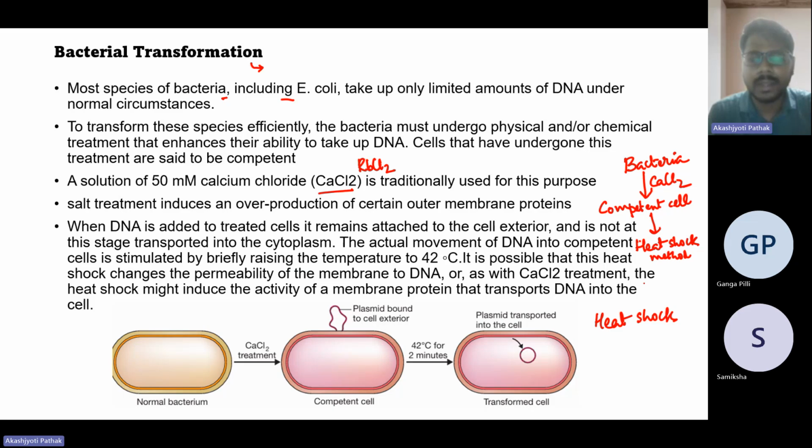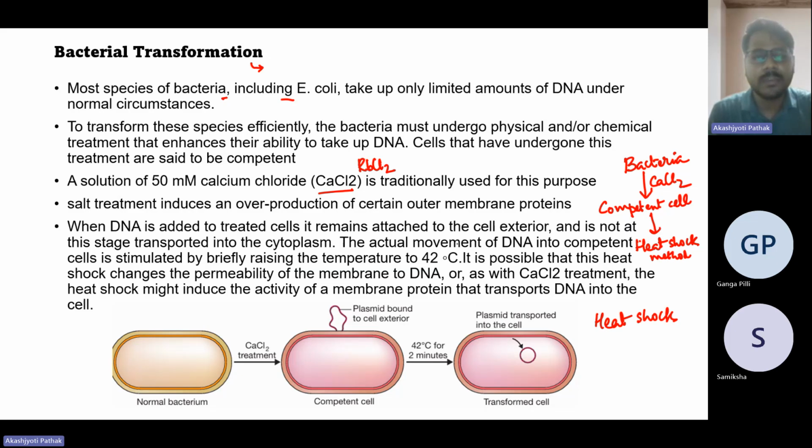The bacteria is placed in a 42 degrees Celsius water bath for around 90 seconds. Then after the 90 seconds is over, you take out the bacteria and place it in ice for another 20 minutes. So you give a heat and then you again place it in ice. This method facilitates the DNA to be taken in by the bacteria.